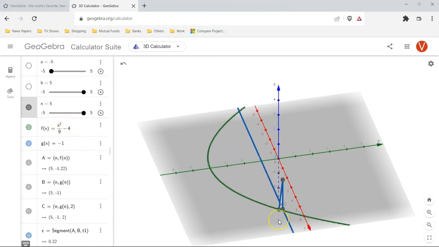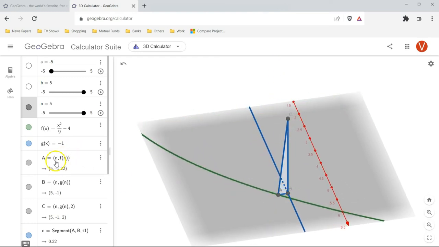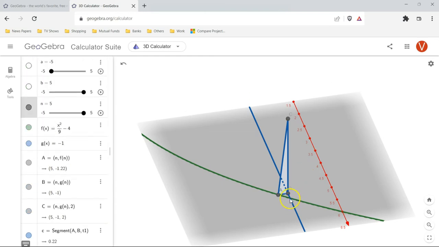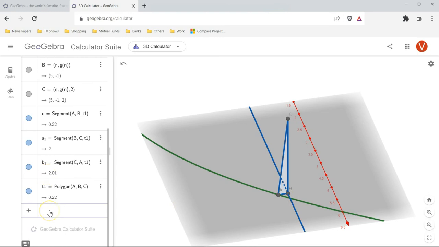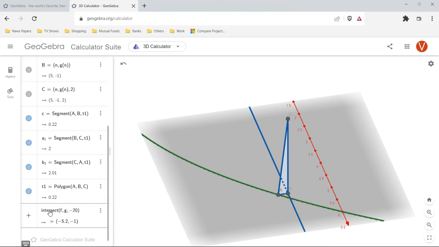Now here, if you notice, if I take it to the extreme, there still is some gap left. So that means my boundaries are not well defined. So what I have to figure out is what is this point where this green curve and the blue curve intersect each other. And those values I have to put as our A and B. So intersect F and G from say -20 to 20.